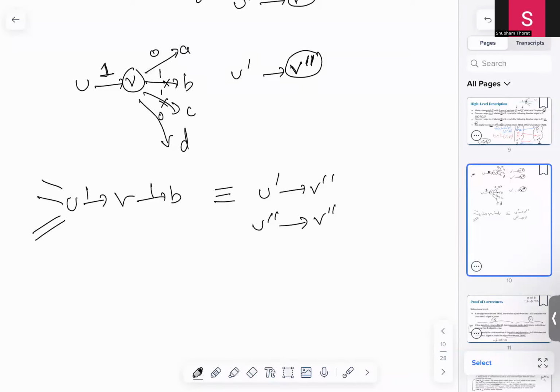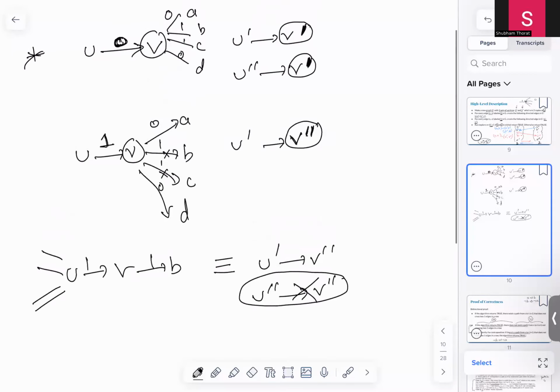But if you observe your problem set properly, this edge is not present in the graph G prime. So that's why you will never take this thing. If you look at these definitions, this kind of scenario is never encountered. So I hope that one is clear.